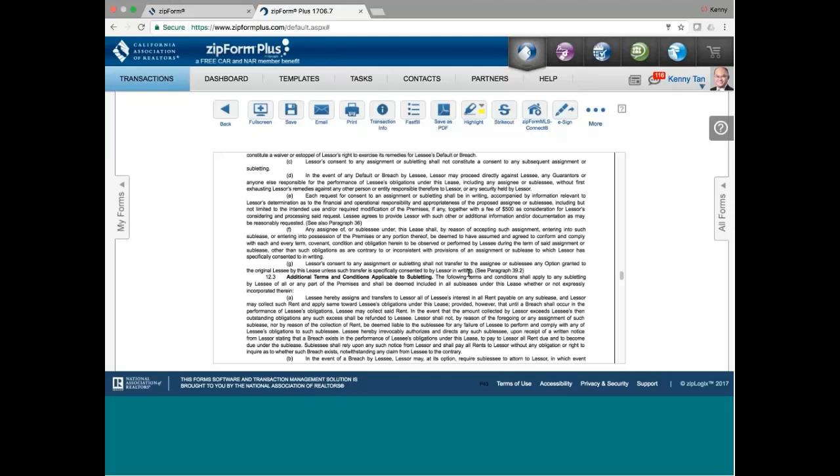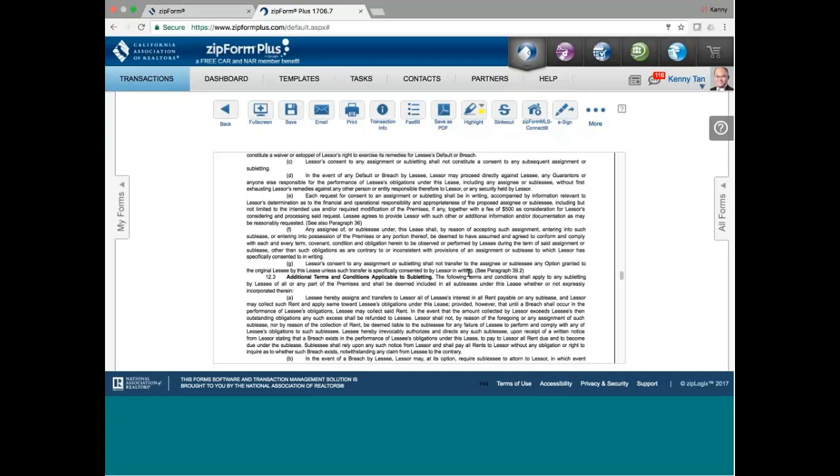So if you represent a buyer in this case, you might want to make sure that if your buyer buys the business, your buyer will have the two 5-year options transferred to the buyer. So in order to make sure of that, you need to get the consent from the lessor in writing.